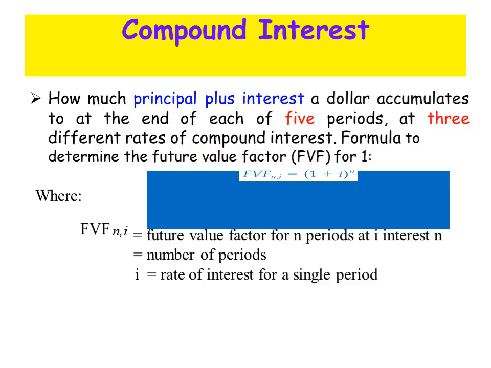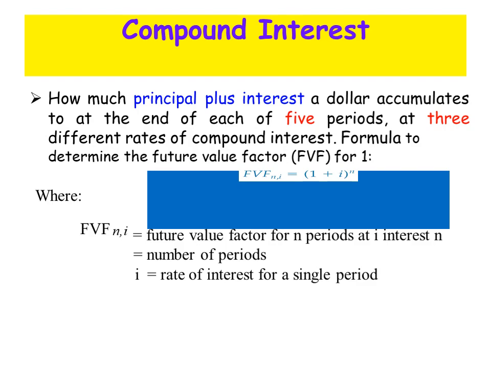Number of periods, or n, is equal to years times M. Then we can calculate the future value factor for any period, where the interest I is equal to r over m.